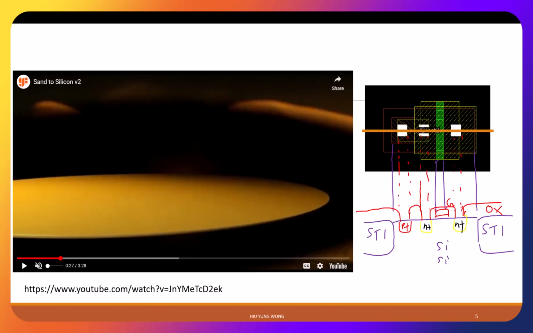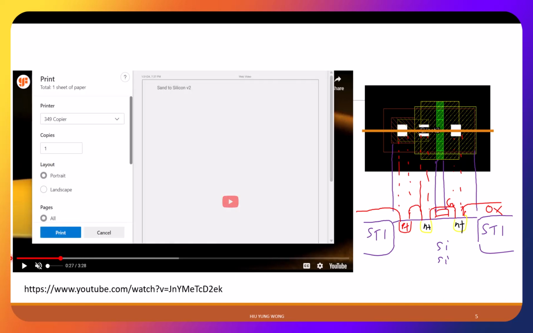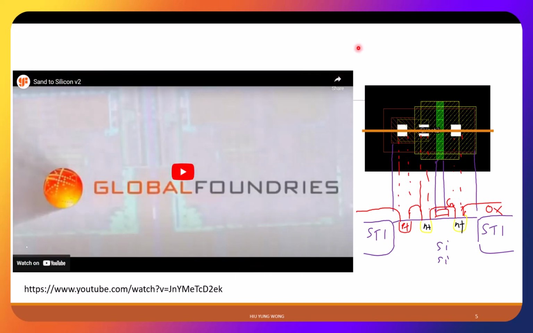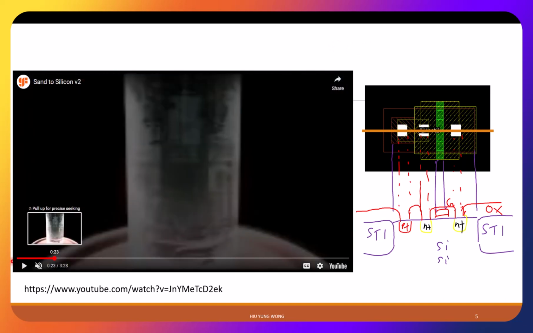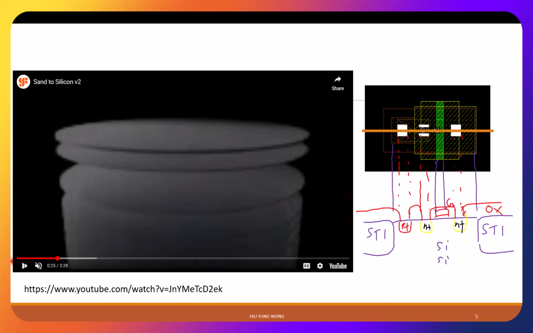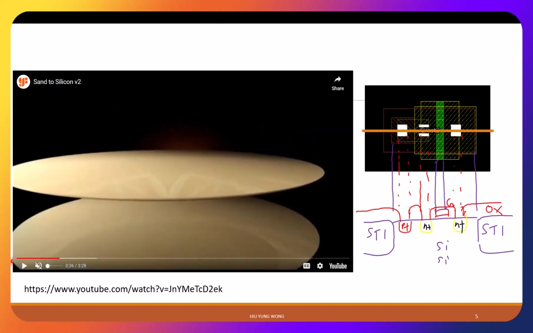Now, when you look from the top of the wafer, this is the so-called bird view, because you're looking from the top like a bird looking into the city.